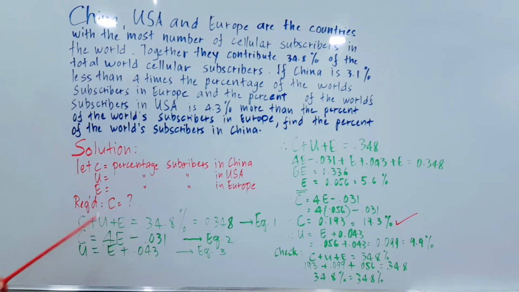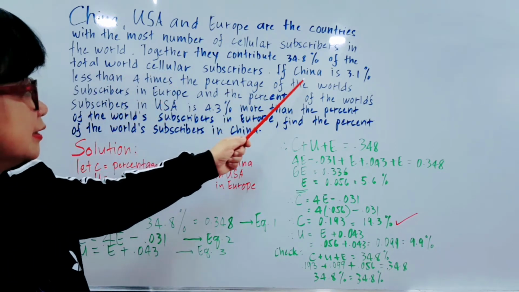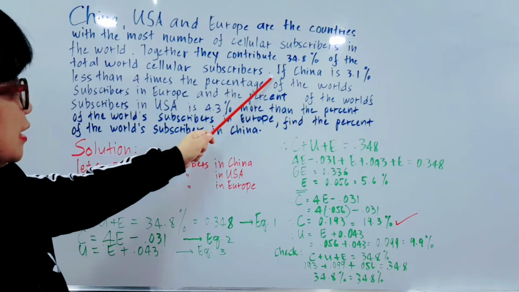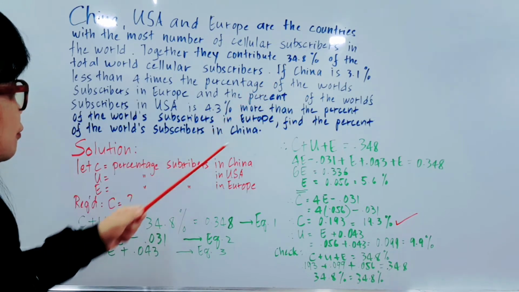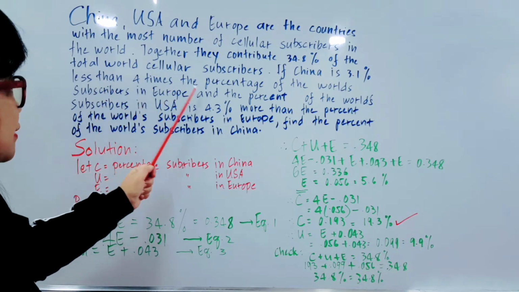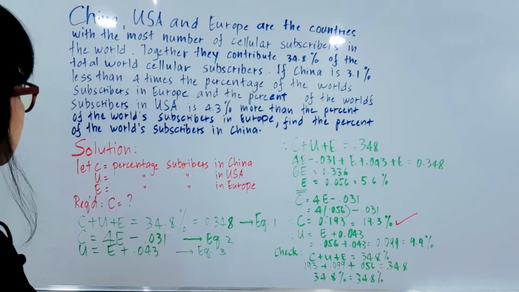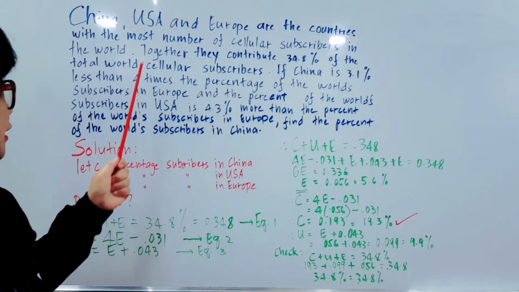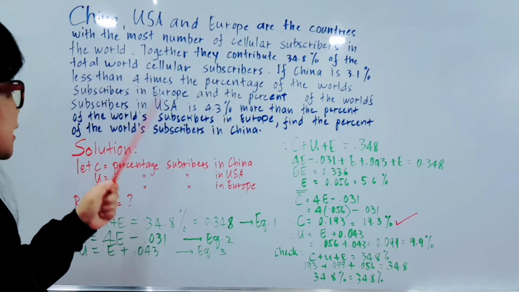0.031, sorry. Dito talaga kailangan natin intindihin ito kasi minsan, yung iba, ang ginagawa nila, inuna nila ang 3.1%, tapos minus 4 times the percentage of the world. Hindi. Kasi, 3.1% less.